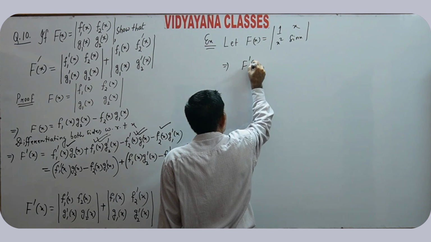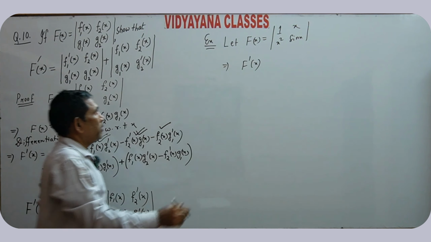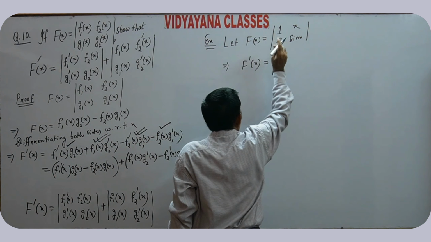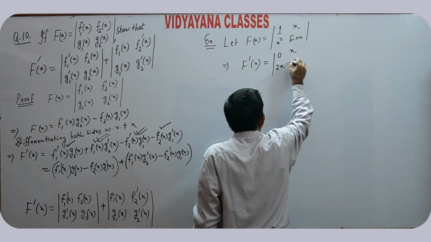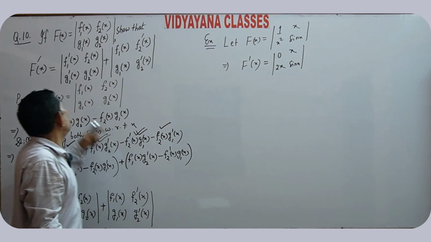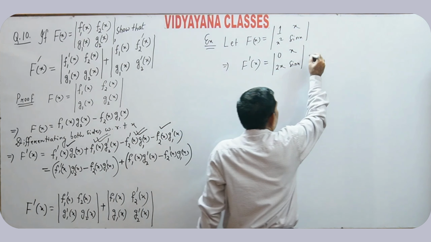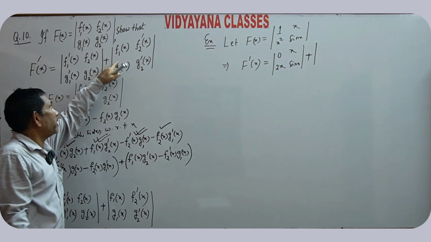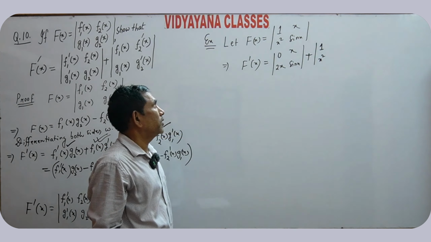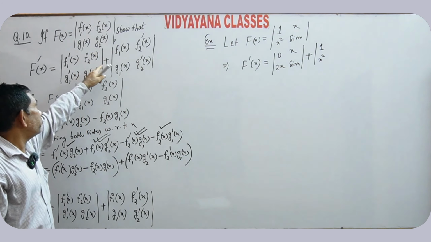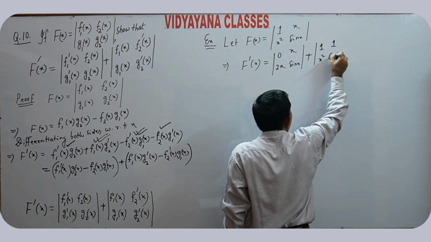Then F dash x, the derivative of F(x), means the derivative of the first column: derivative of 1 is 0, derivative of x square is 2x, and the second column remains as it is. Plus the first column remains as it is, 1 and x square, and the derivative of the elements of the second column: derivative of x is 1, and derivative of sin x is cos x.